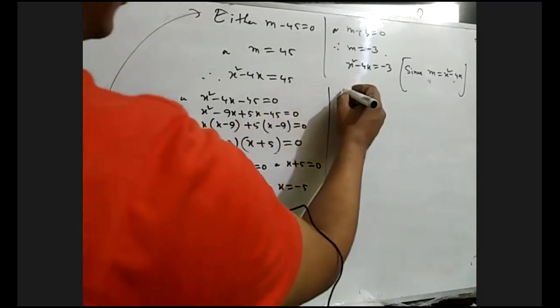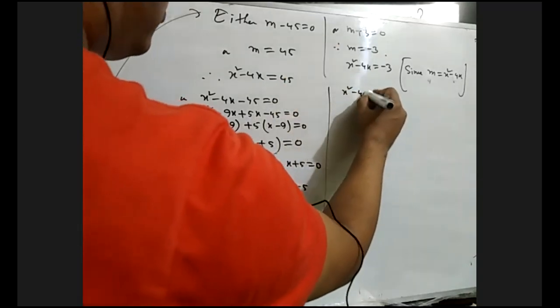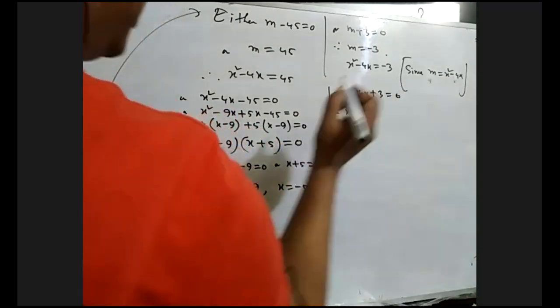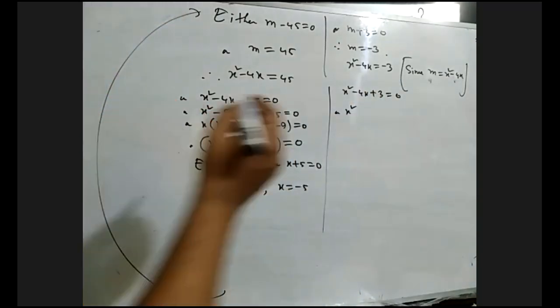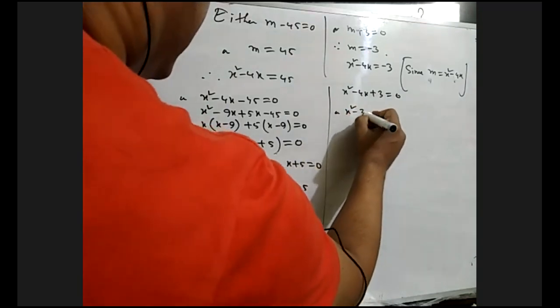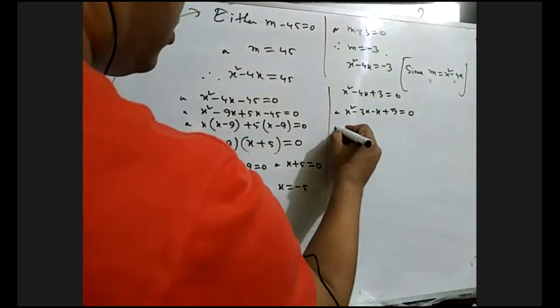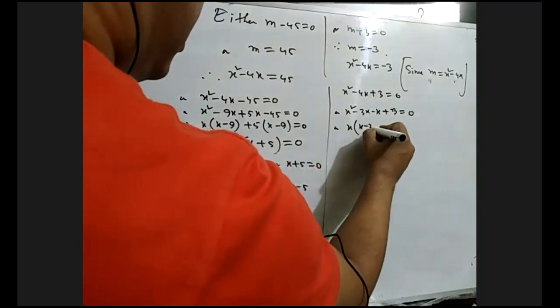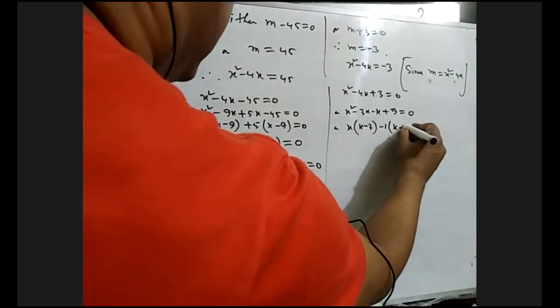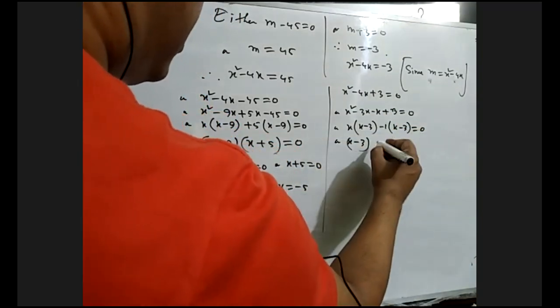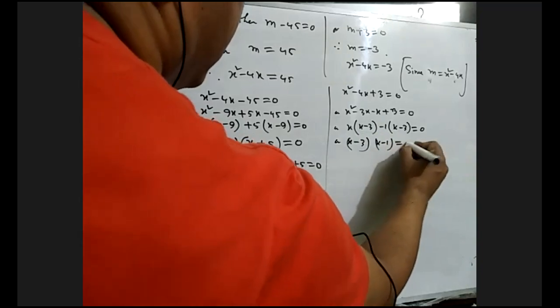Again, for the second part, x square minus 4x plus 3 equals 0. This can be written as x square minus 3x minus x plus 3 equals 0. So x will be common here, x minus 3, minus 1 will be common, x minus 3 and x minus 1 equals 0.